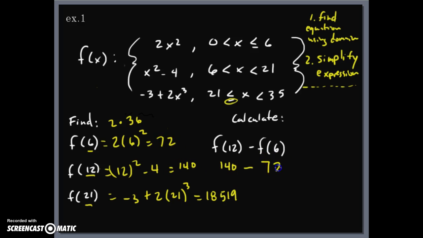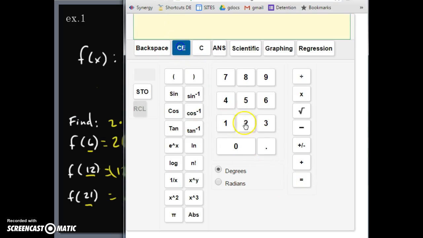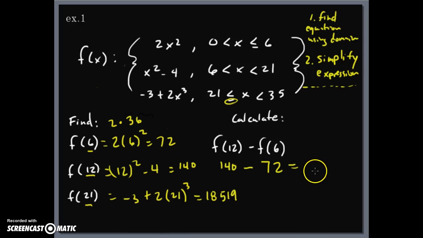So we're just doing 140 minus 72. I'm going to go ahead and use the calculator for this. 140 minus 72, 68. And that would be my answer. So our third step, for calculating, would be to subtract the outputs.